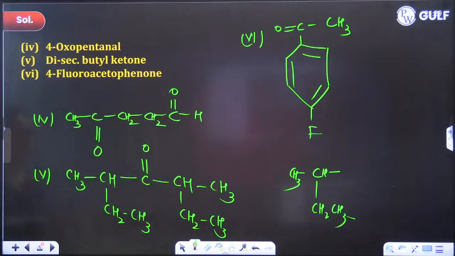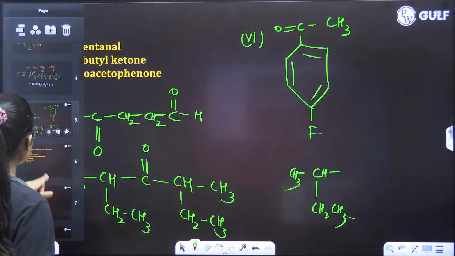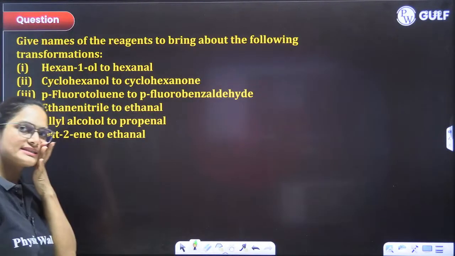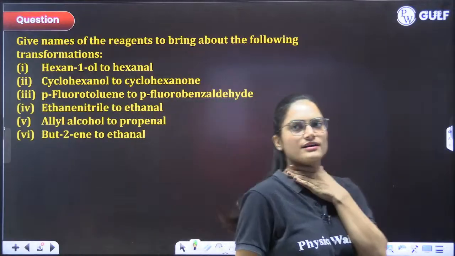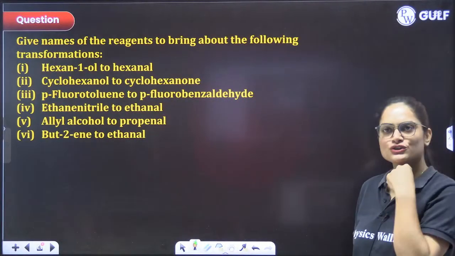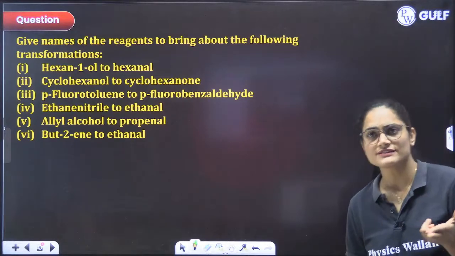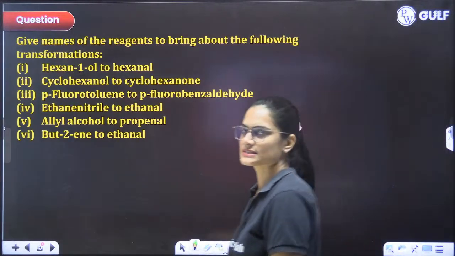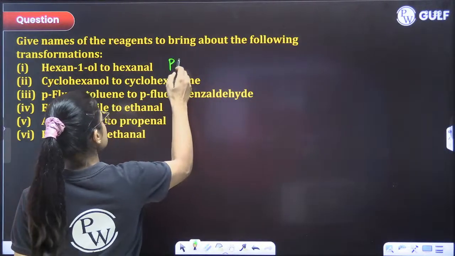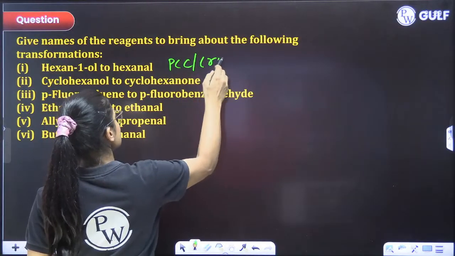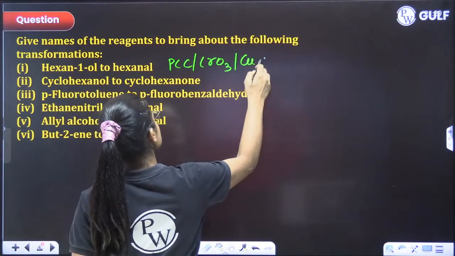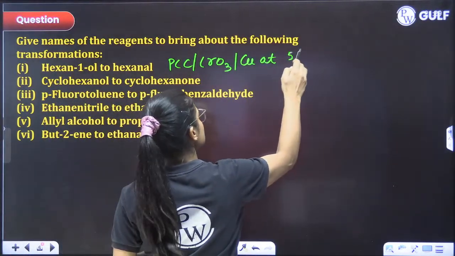Disecondary butyl ketone, right? Next one, hexan-1-ol to hexanal. Which reagent will you use? You can use PCC, you can use CrO3, you can use copper at 573 Kelvin. So PCC, CrO3, copper at 573 Kelvin.